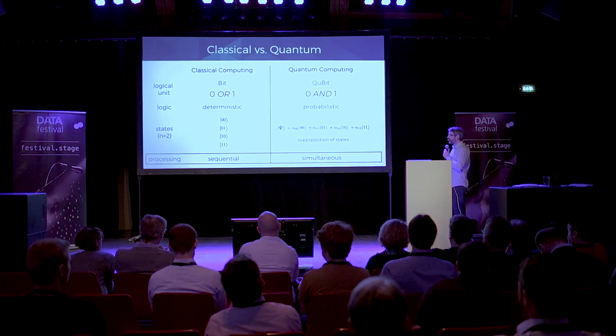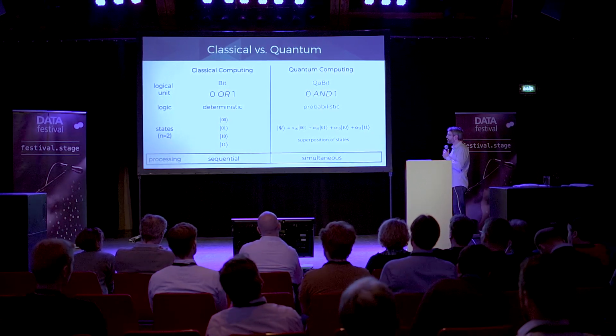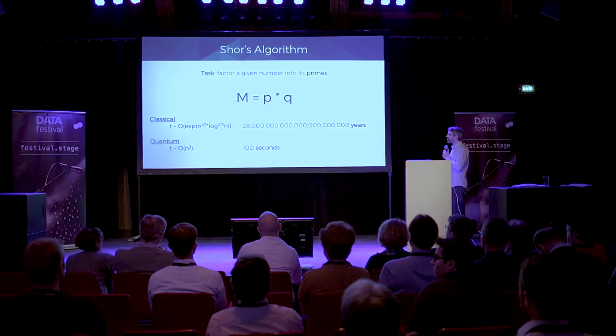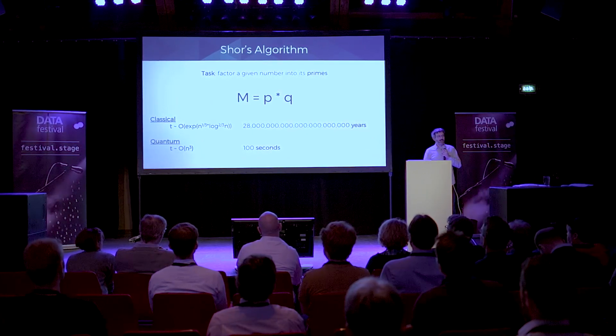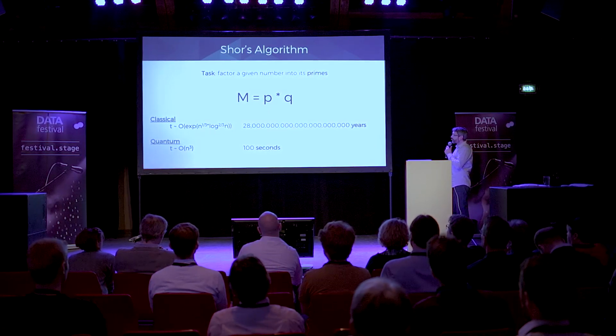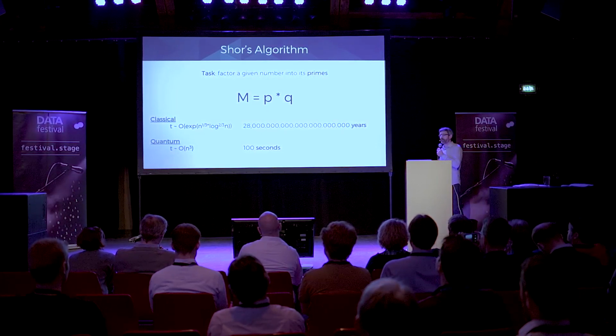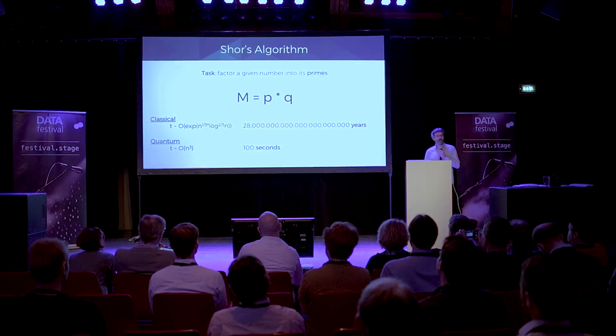Maybe for these 2 bits it's not so impressive, but let me give you another example which might illustrate it a little bit better. Take that formula here, for example. It looks pretty simple, but in fact it's at the core of all of the encryption that we're using.